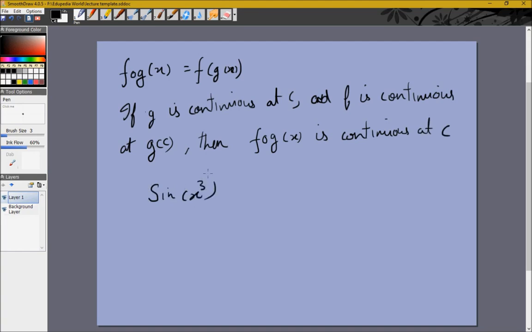We know x cube is continuous everywhere. We know sin of something is continuous everywhere. So sin of x cube will be continuous everywhere.